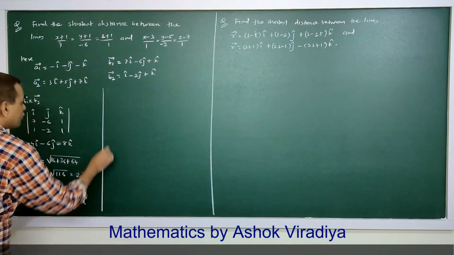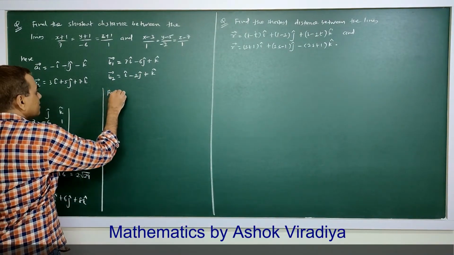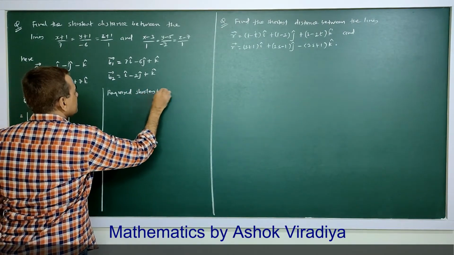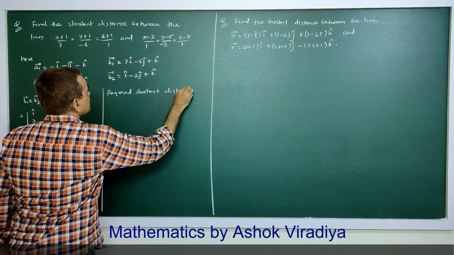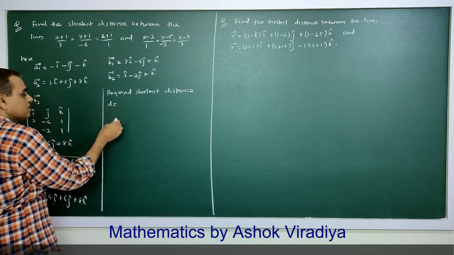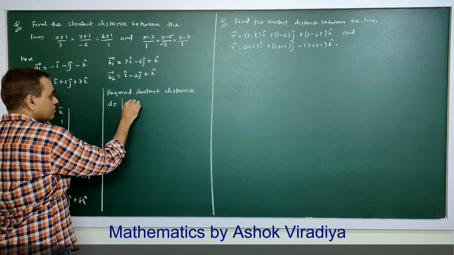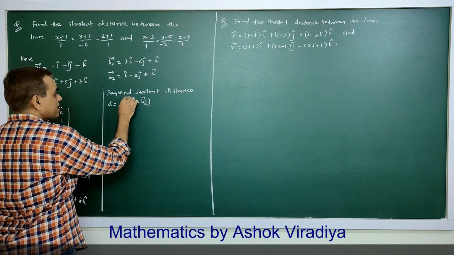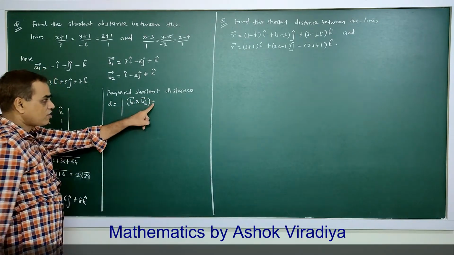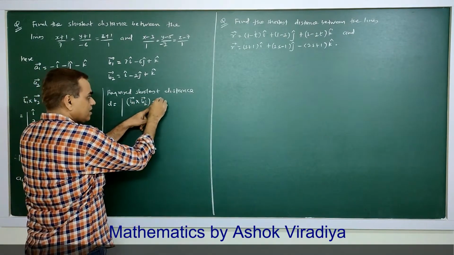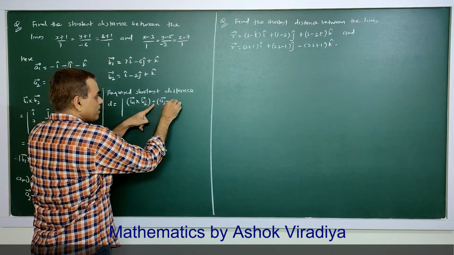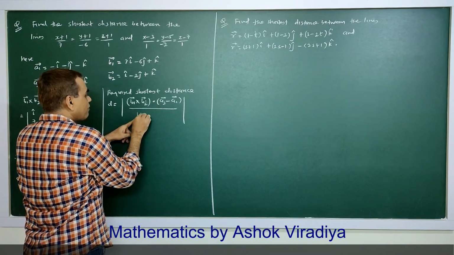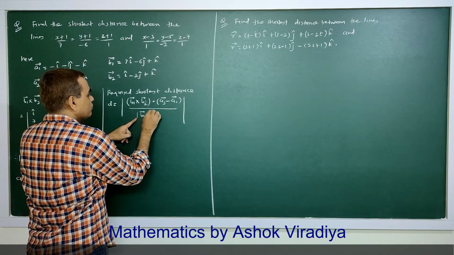Now putting in the formula, the required shortest distance D is the modulus of vector B1 cross vector B2 dot vector A2 minus A1, upon magnitude of B1 cross B2.